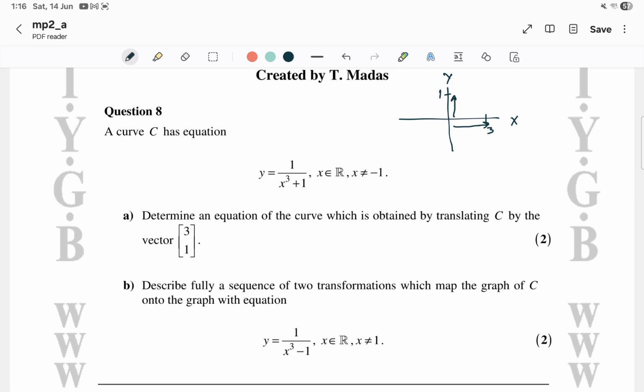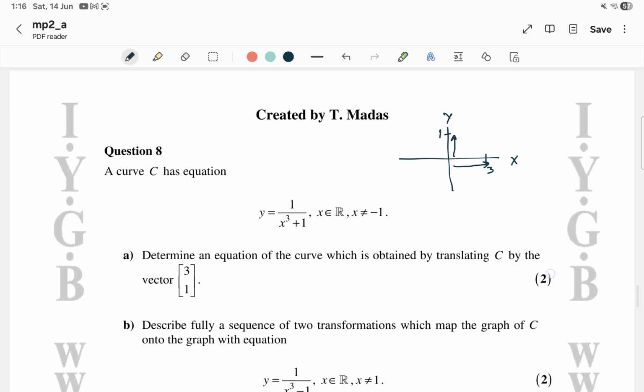Let's say this curve is f of x equals 1 over x cubed plus 1.